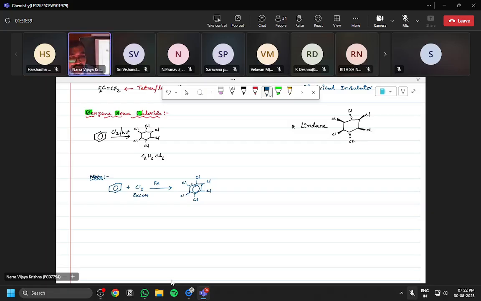Observe the difference. Hydrogens are replaced by chlorines. So this is an electrophilic aromatic substitution reaction, right? So it is called hexachlorobenzene. Observe, this is called benzene hexachloride. This is called hexachlorobenzene. Don't get confused.